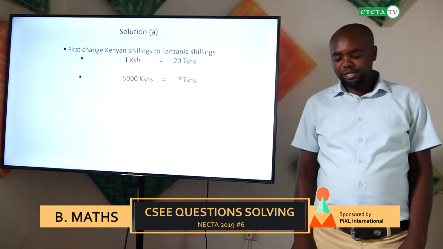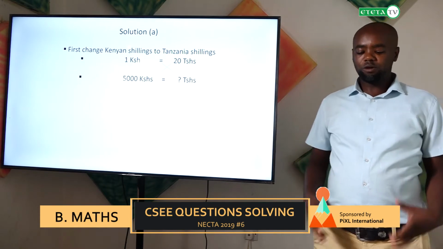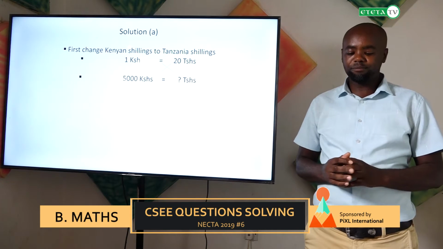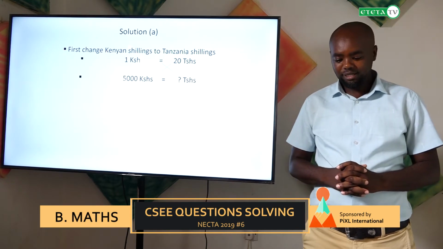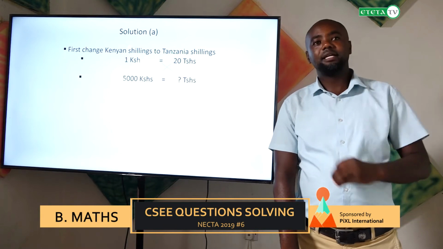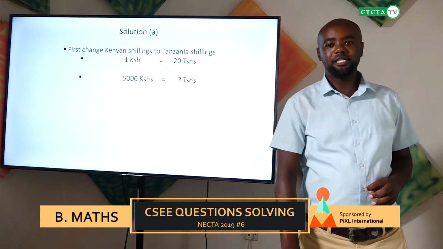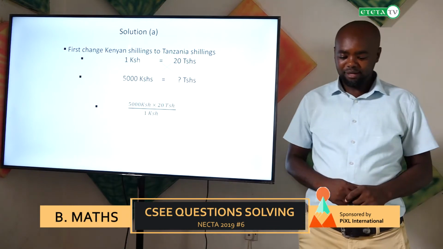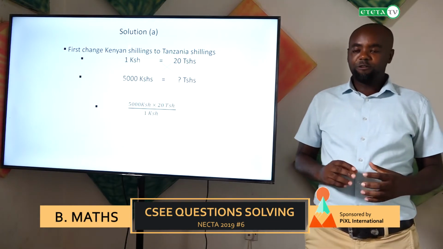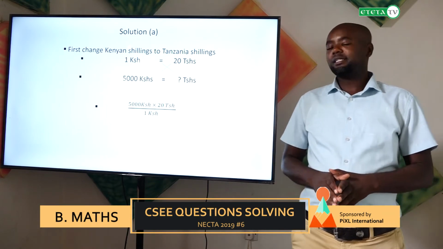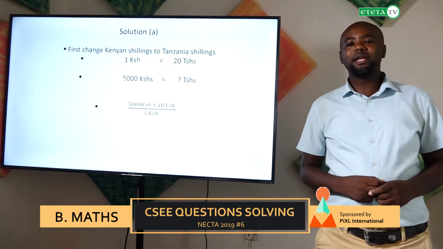After cross multiplication, you have 5,000 Kenya shillings times 20 Tanzania shillings equal to 1 Kenya shilling times unknown Tanzania shillings. Then after multiplication, you find 5,000 Kenya shillings times 20 Tanzania shillings over 1 Kenya shilling.